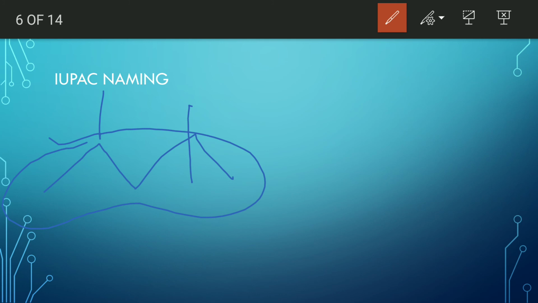You would start from right to left, because if you go from left to right, first the methyl would receive 2, and again 4, this one would receive 4. But when you go from right to left, it would come like this: 2, 2, 4.